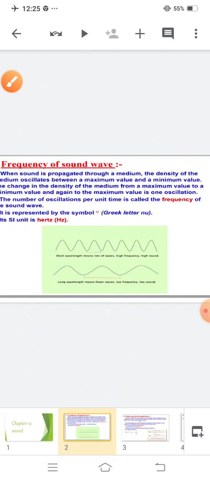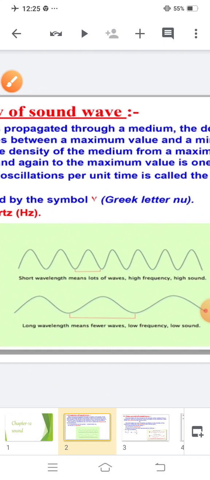See, if your wavelength, which we will study later, is short, that means the frequency is higher. If the frequency is higher, that means the sound is high. That means the shorter the wavelength, the higher the frequency, and the higher the frequency, the higher the sound.